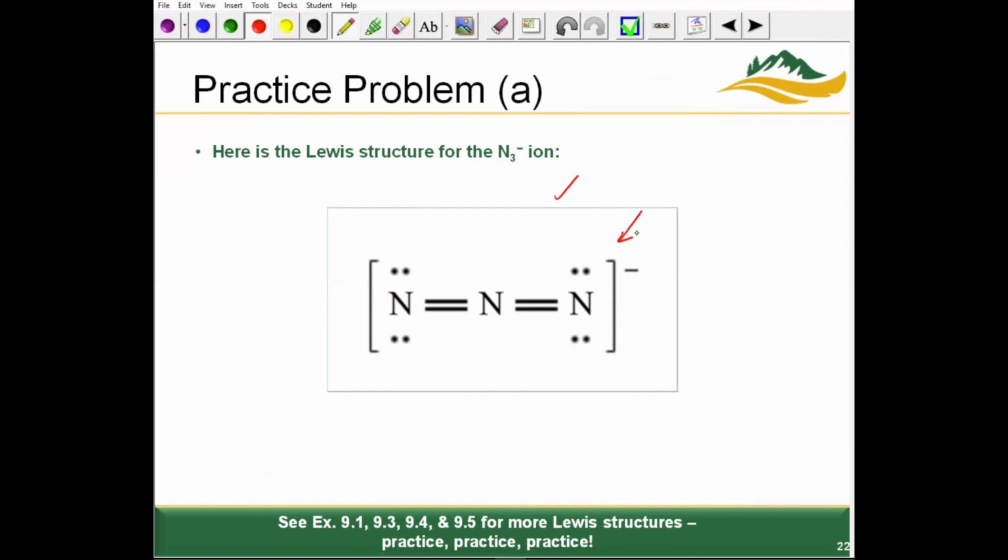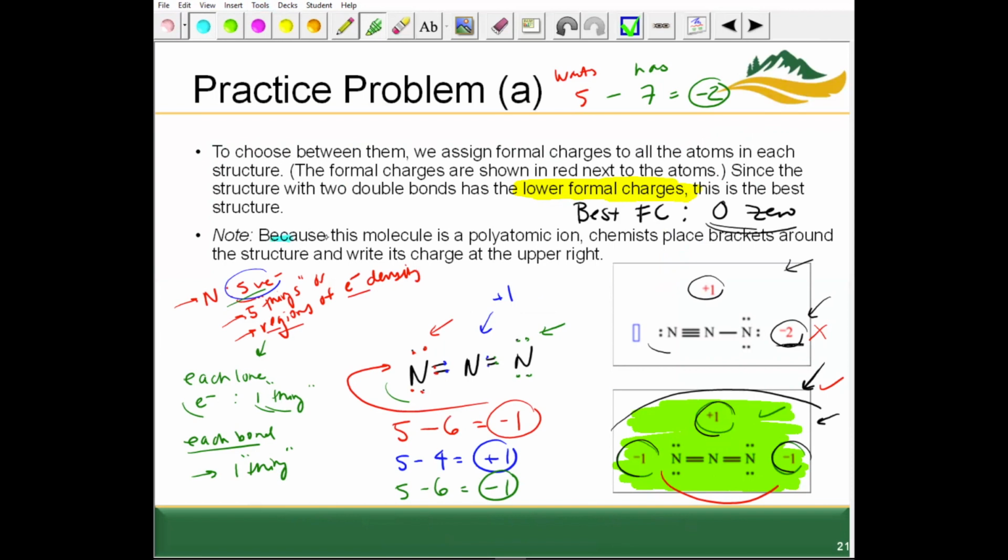Because this is an ion, we also need to include these brackets here. So for ions, we need to include the brackets and then show the charge on the ion outside of those brackets. Because this molecule is a polyatomic ion, we don't really draw Lewis dot structures for non-polyatomic ions.